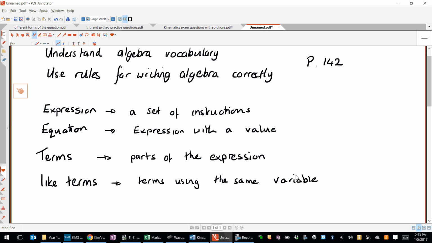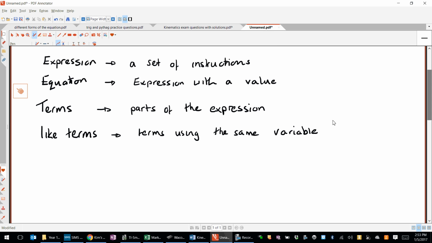So an example. There's an expression for you because it's got no equal sign. So it has no value at the moment. It will only have a value when I give the variables value.